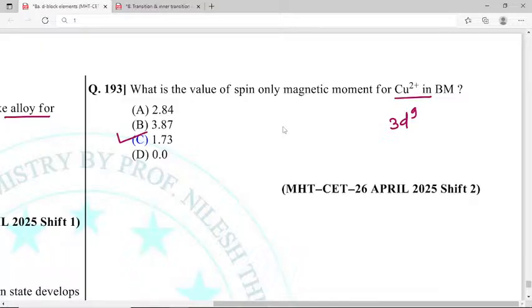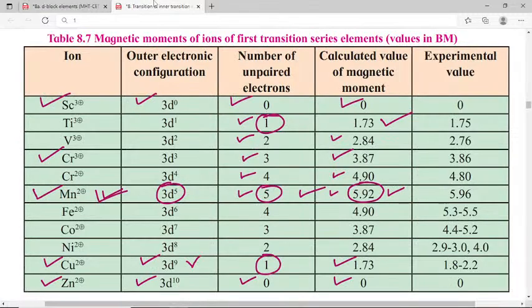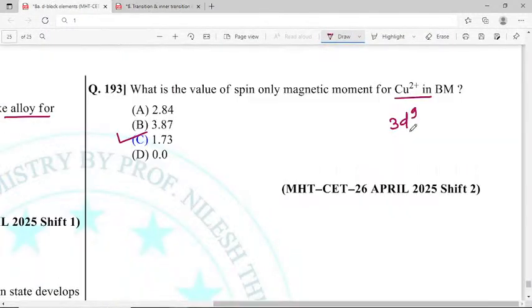If there is 1 unpaired electron, then 1.73 Bohr magneton is your value. Get it?